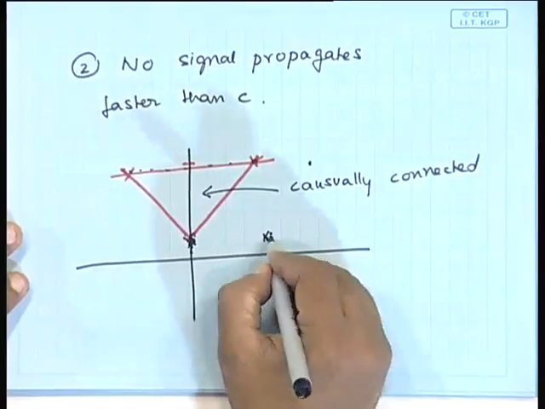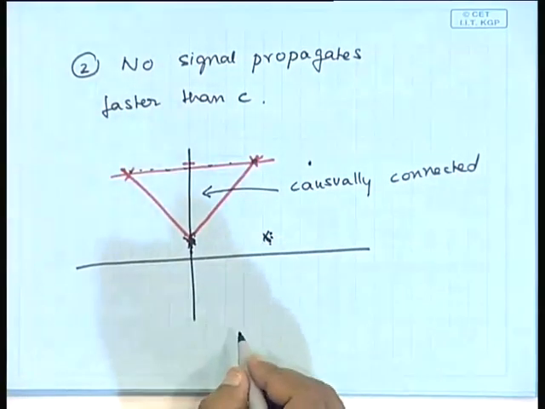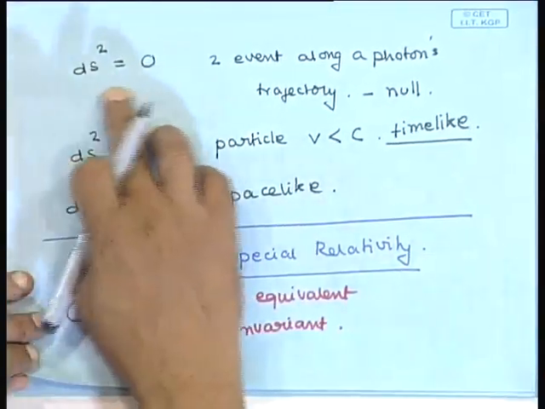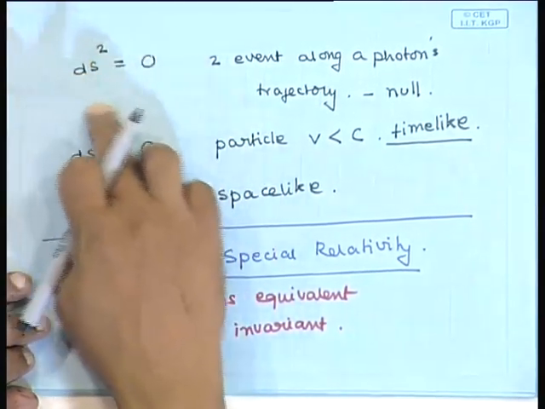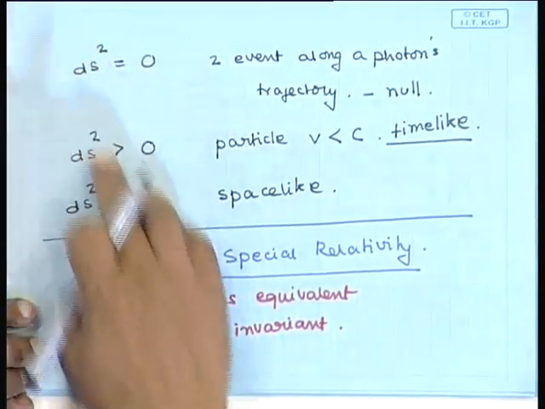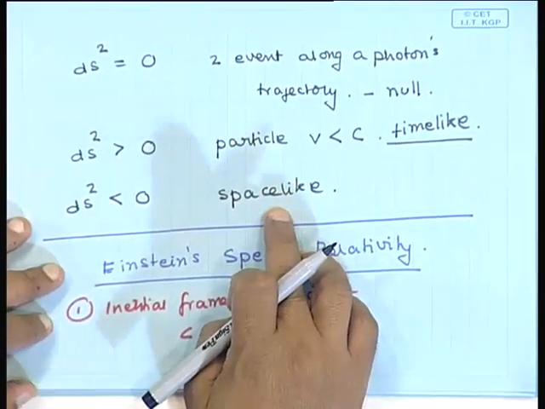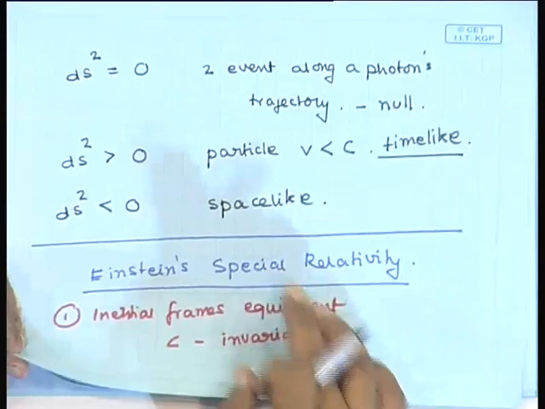Okay. So this event and this event are causally disconnected. So what we can say is that null events define the limit of causal connectivity. Time-like events are causally connected, space-like events are not. Okay.